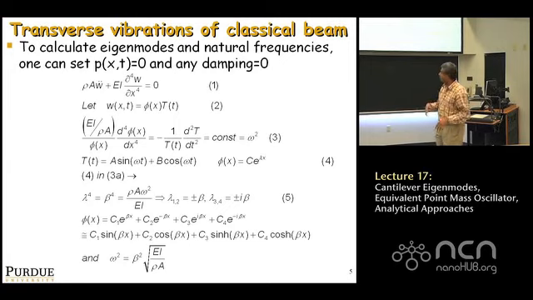So it's basically equivalent to writing phi of x in terms of sines, cosines, sine hyperbolics and cosine hyperbolics of beta times x, beta involving the natural frequency omega, okay? So we are at this point, and this whole analysis is now going to tell us what the different omegas are and what the different shapes of the corresponding eigenmodes are, okay?